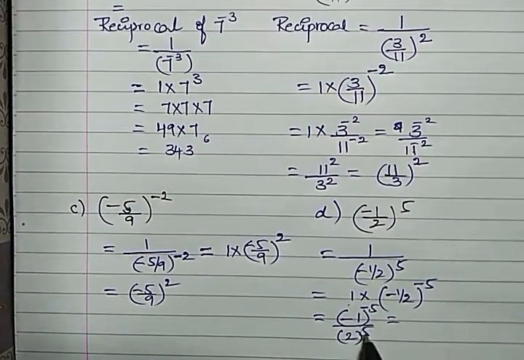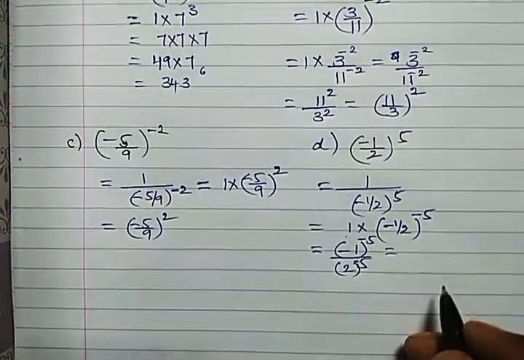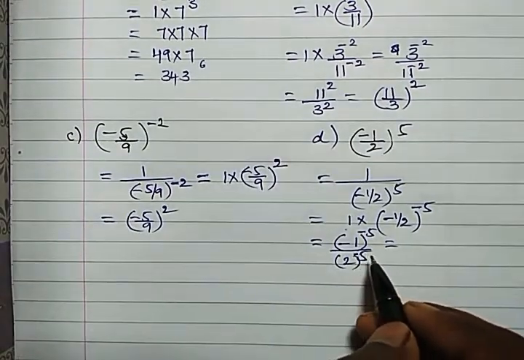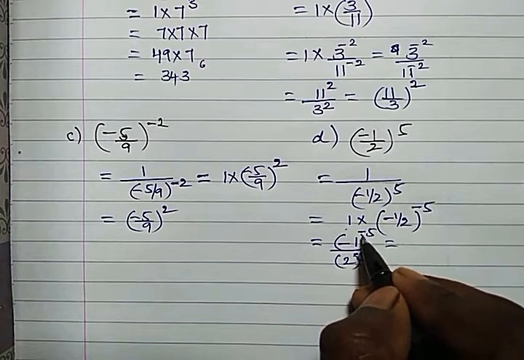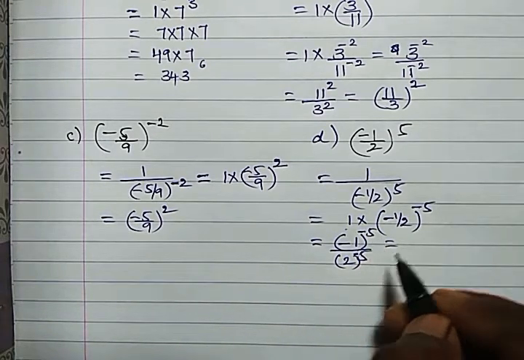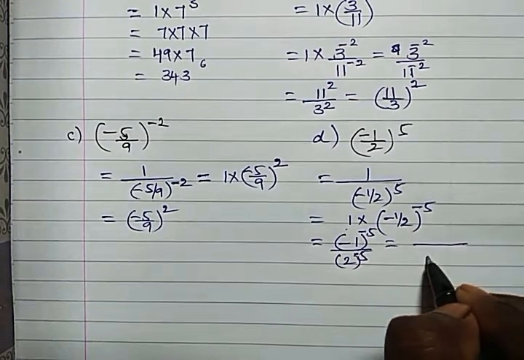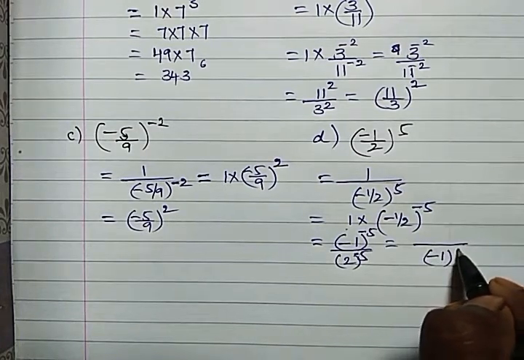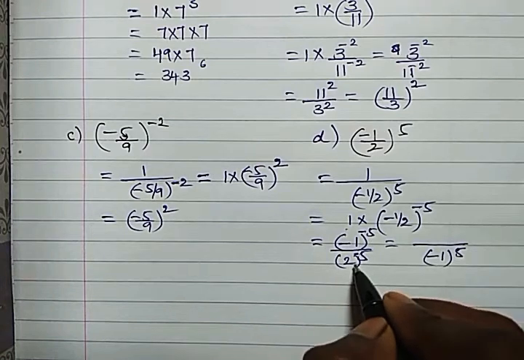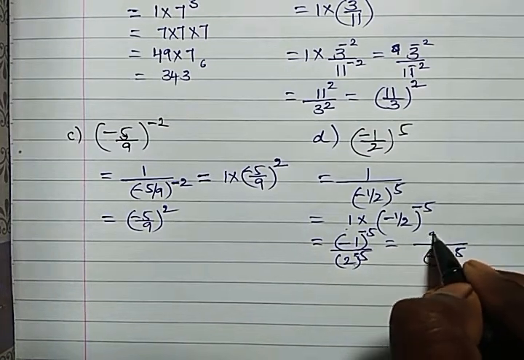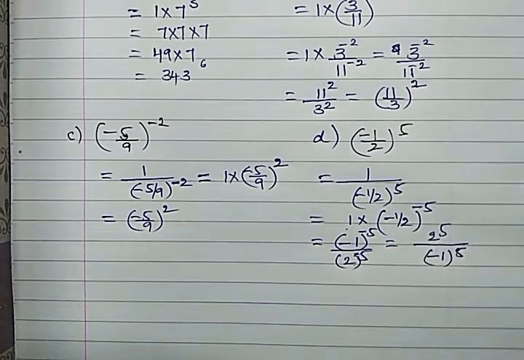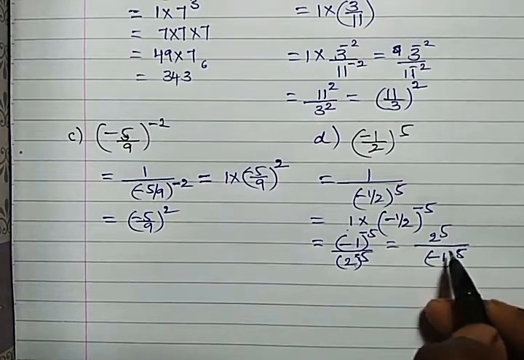As I told you, to change the sign, minus 1 power minus 5 comes down to the denominator, and when it comes down, its sign will be changed. When 2 power minus 5 goes up, it becomes 2 power 5. Now both have the same power.